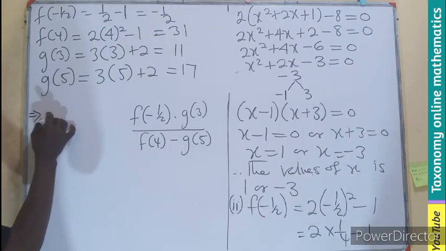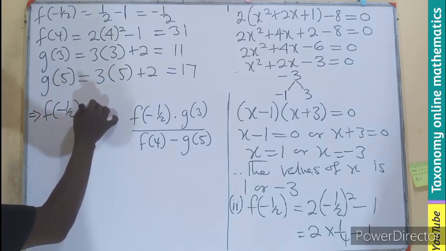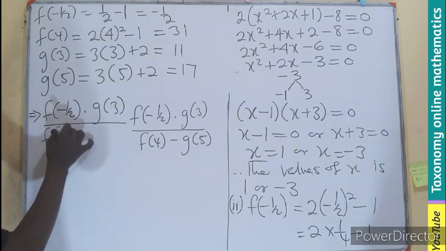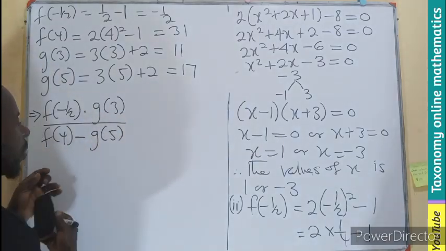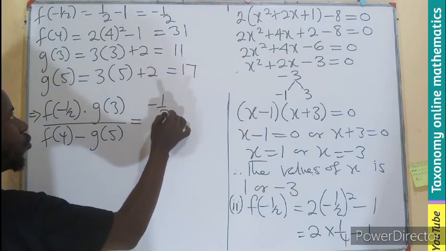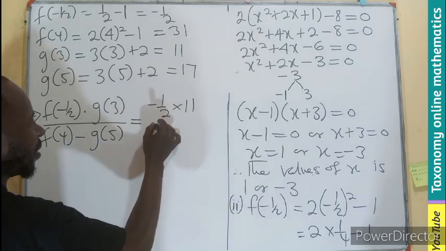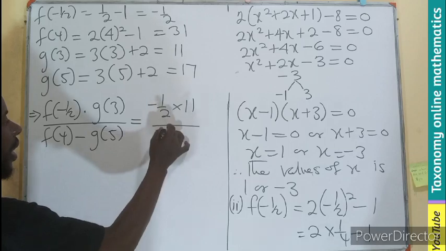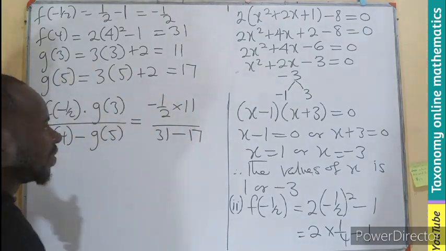So that means if I am picking f of minus half times g of 3 divided by f of 4 minus g of 5, the answer I have here will be negative 1 on 2 times the answer I will have here, 11, divided by 31 minus 17.